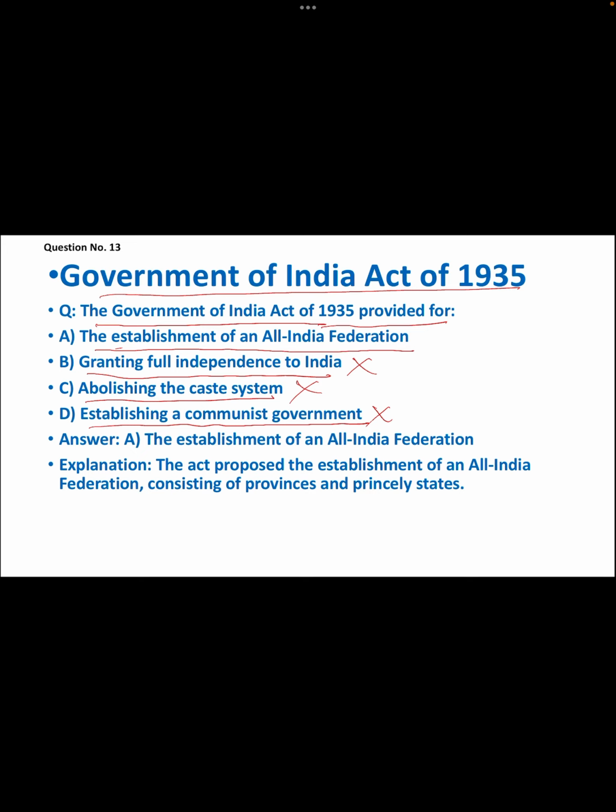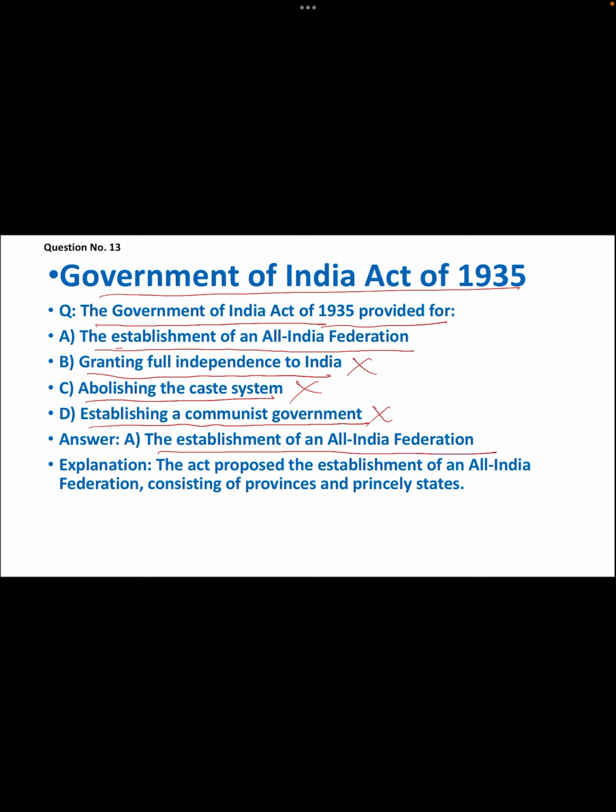The Government of India Act 1935 was a very comprehensive document which impacted and influenced in a big way the drafting of the Indian Constitution. Also, there are many provisions which were influenced by this particular act. So the right answer is the establishment of All India Federation.